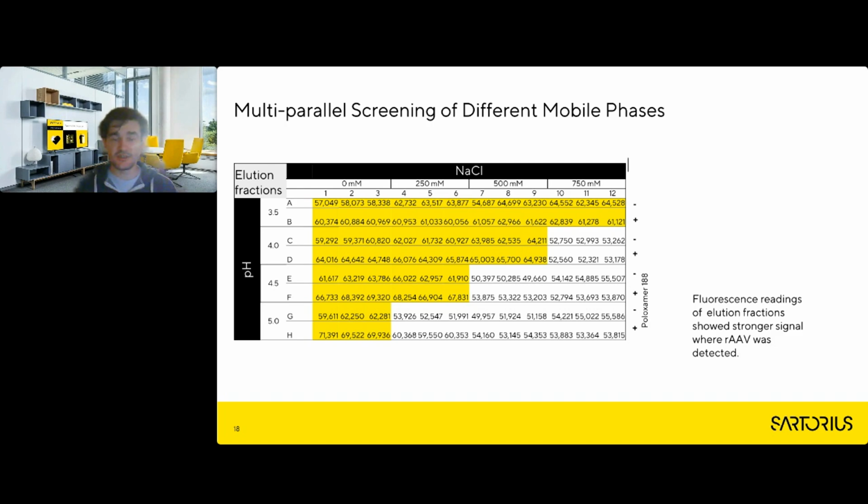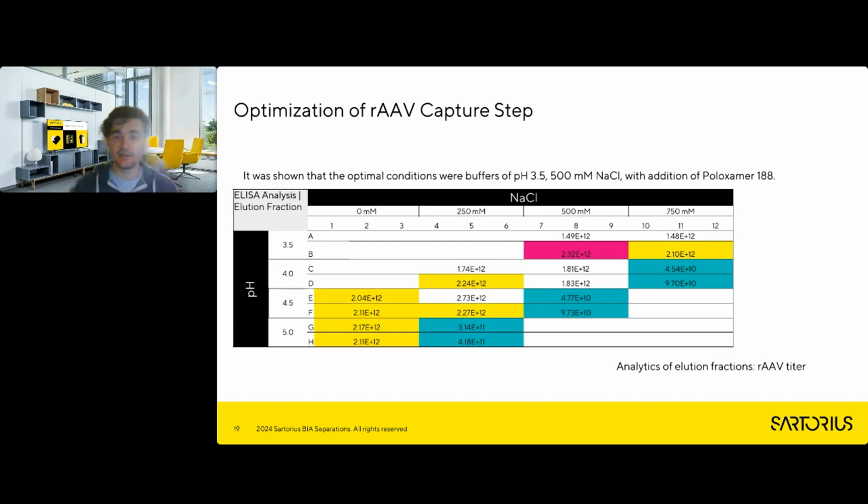From this, we analyzed a test to see where we had the highest AAV titer, and we saw that the optimal conditions were buffers of pH 3.5, 0.5 molar salt with an addition of poloxamine.